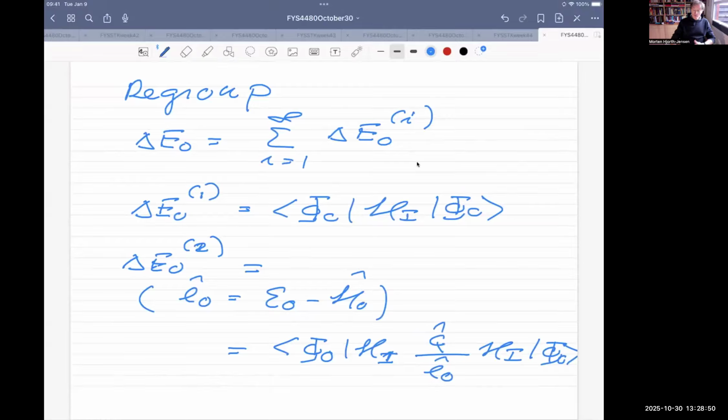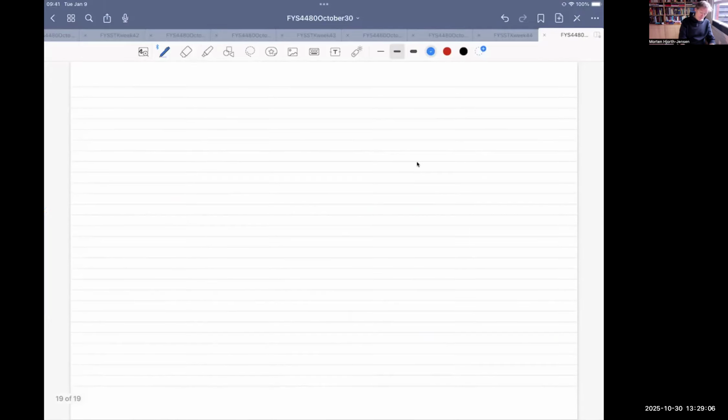And then after we've gone through these calculations here, setting up the various expressions, we're actually going to now look at specific contributions to the energy order by order. So if we then look at the third order term, we will get a delta E0 to third order. And in that particular case, I'm going to use a little bit more compact notation.